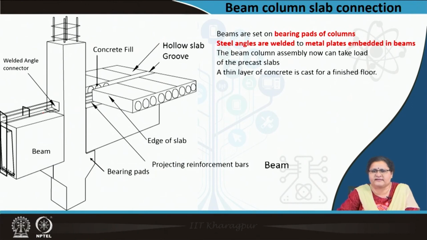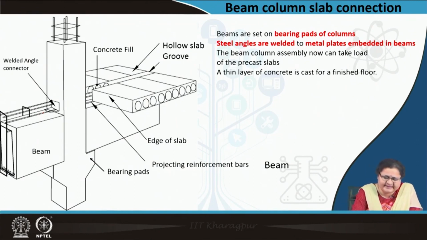There were backer rods to absorb the expansion if any, but here the load has to be transferred through the beam into the column. So that is why the beam cannot be unstable. It has to be set finely, rightly with the column.